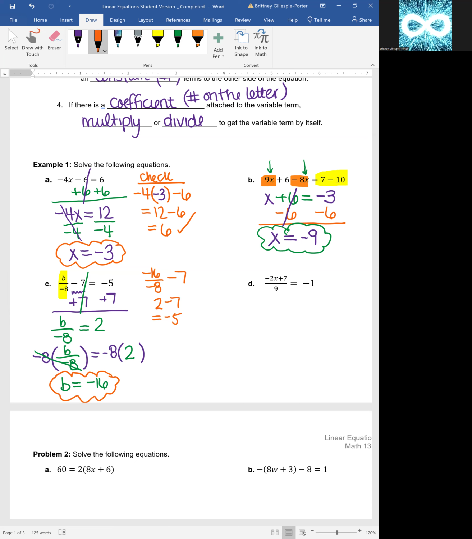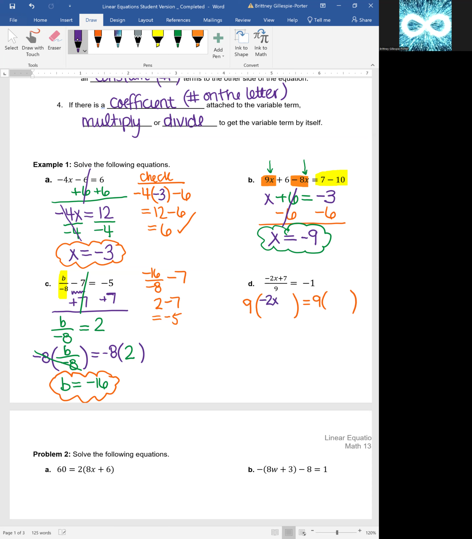Here, because we do not have any pieces on the left-hand side where the variable's hanging out that are not included in the fraction, we're going to get rid of the fraction first. And since we are dividing by 9, we're going to do the opposite. So we are going to multiply both sides of our equation by 9.